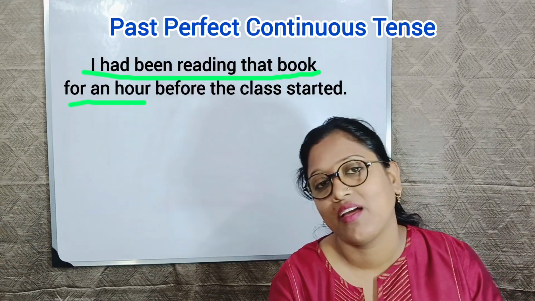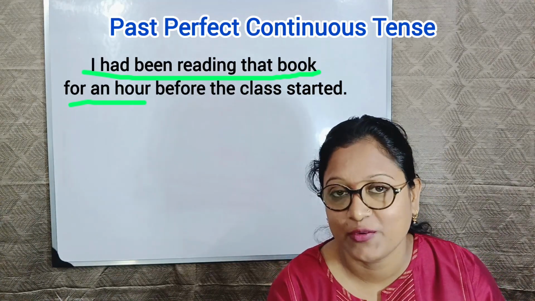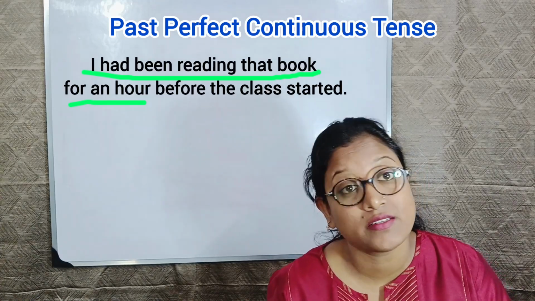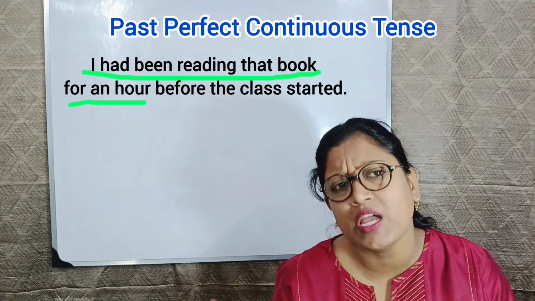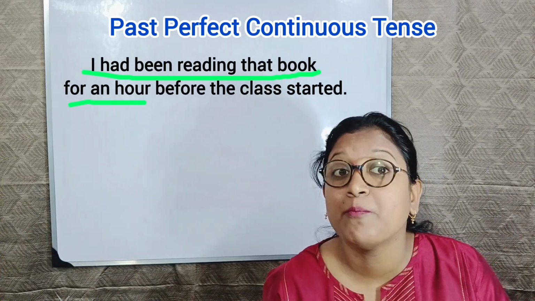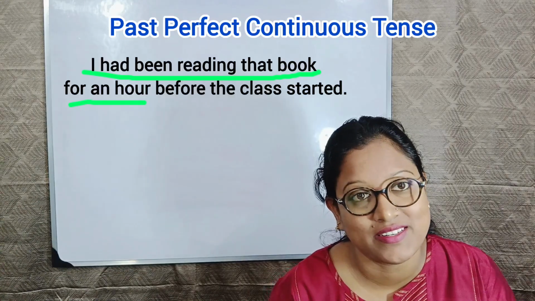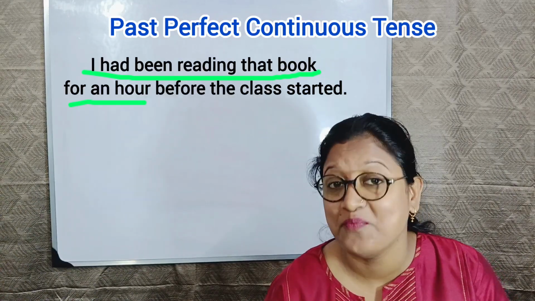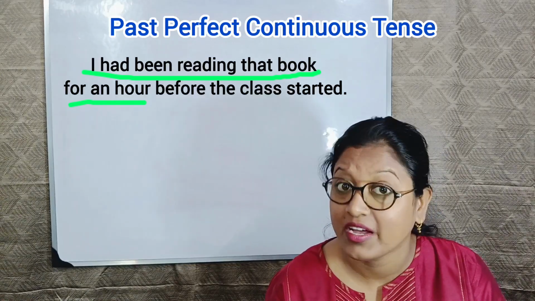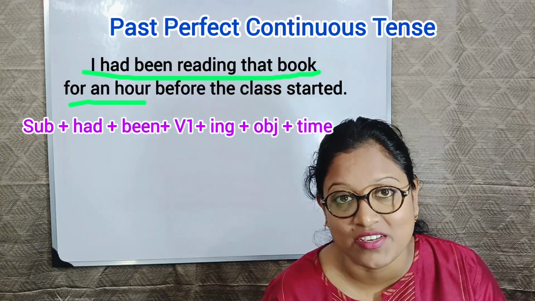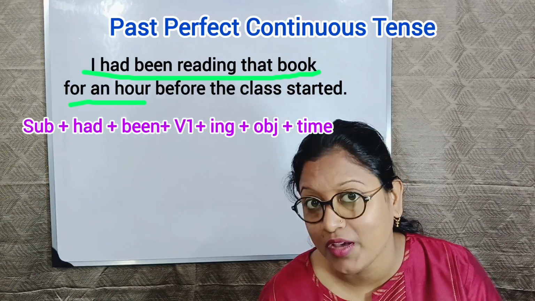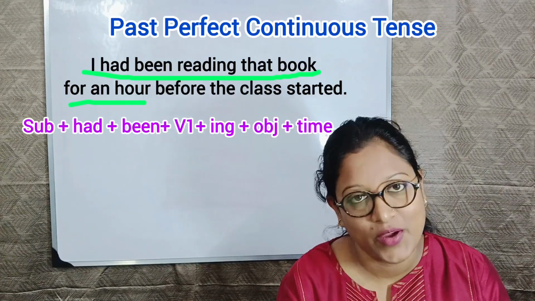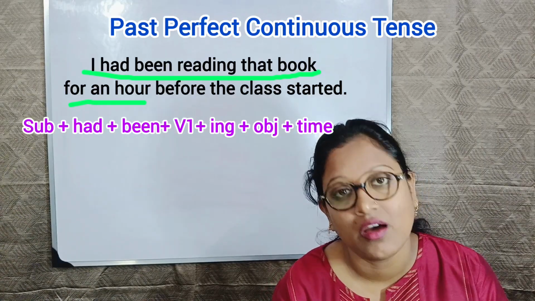We will use past perfect continuous tense to express an action that started in the past and was going on for a certain time before another past action. And the structure is subject plus had been plus verb with ing, continuous always takes ing, plus object and plus time. Often we use time.